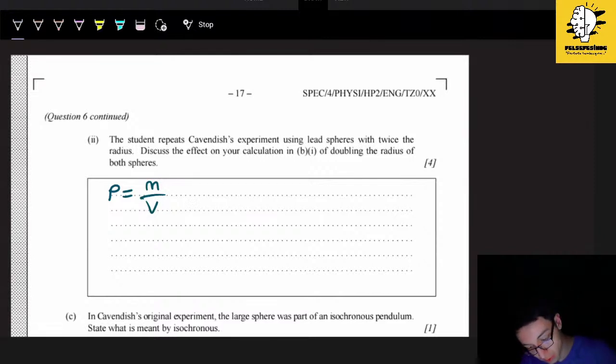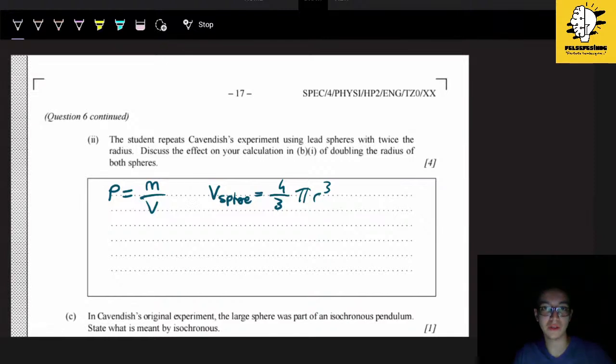This is a sphere, so the volume of a sphere is 4 over 3 pi r cubed. The first thing we realize is, if we double the radius of a sphere, its volume will be 8 times bigger, since r cubed gives 2 to the power 3. So V goes to 8V. If density must remain constant, the mass will be 8m.